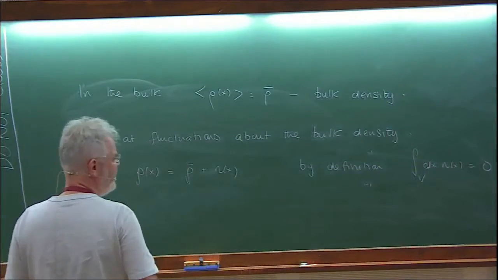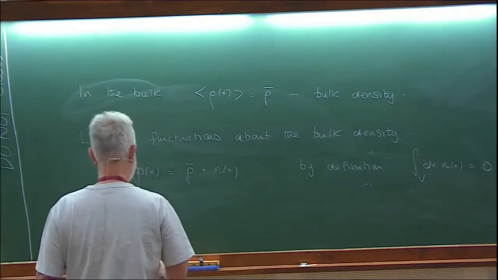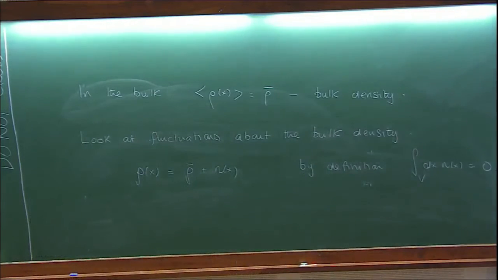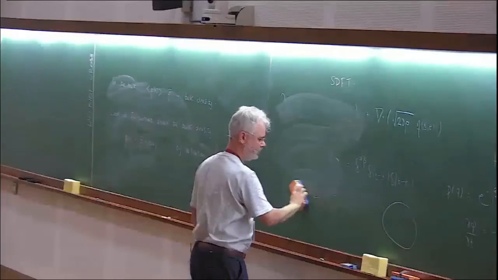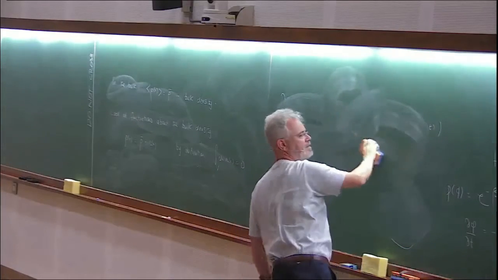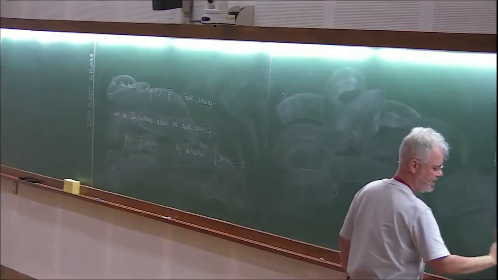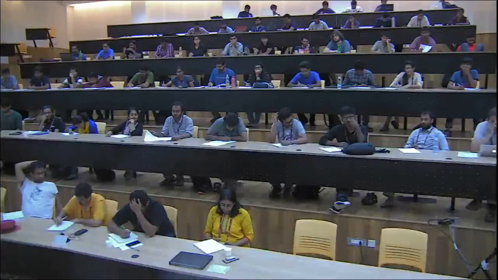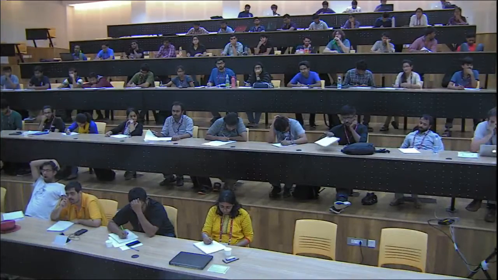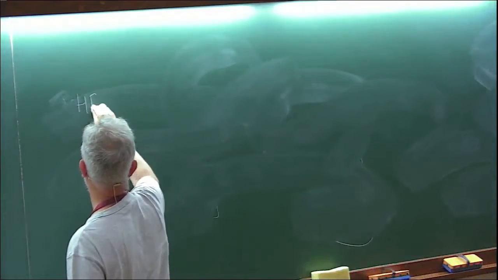Now, if I substitute this into the expression I had for H, you remember I was saying that rho log rho is not nice in a field theory, and you don't really like writing it down. When I do this, let me take H of rho.